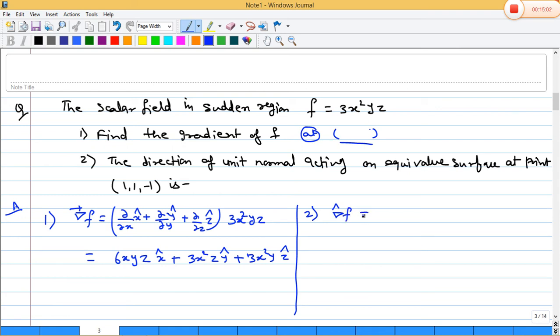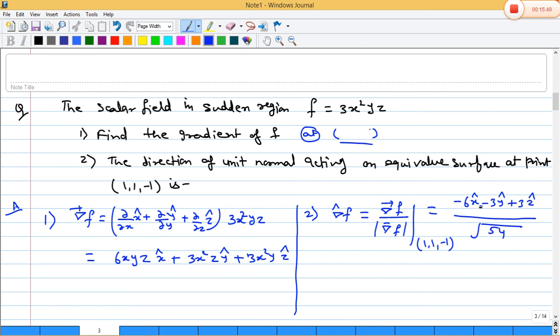At the point (1, 1, -1), it is -6x cap minus 3y cap plus 3z cap, divided by its magnitude.